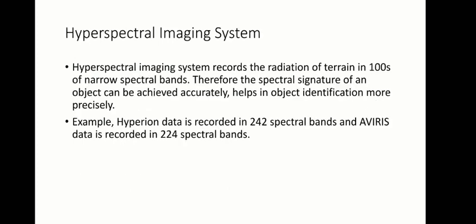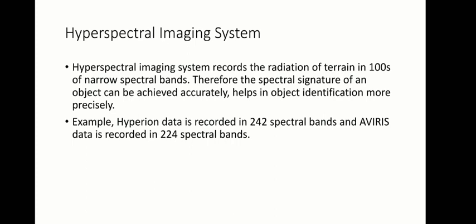Then comes the hyperspectral imaging system. A hyperspectral imaging system records the radiation of terrain in hundreds of narrow spectral bands. Therefore, the spectral signature of an object can be achieved accurately. It helps in object identification more precisely.